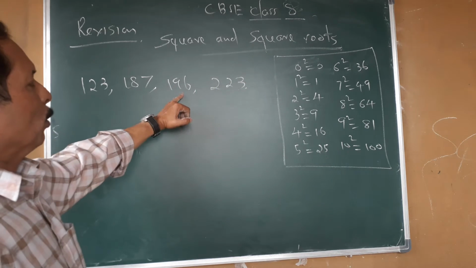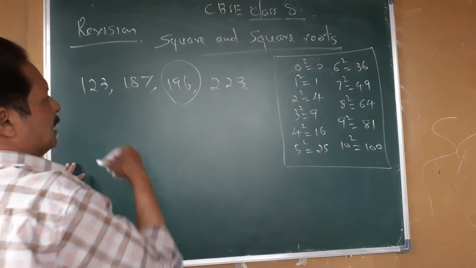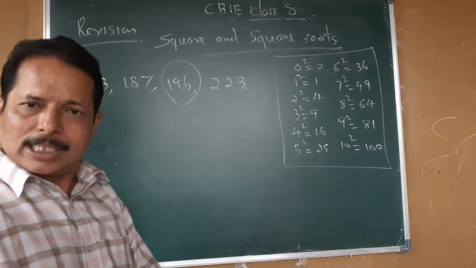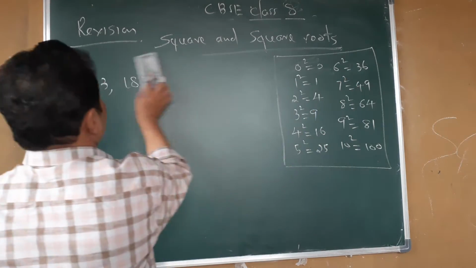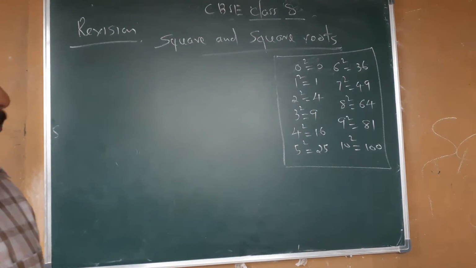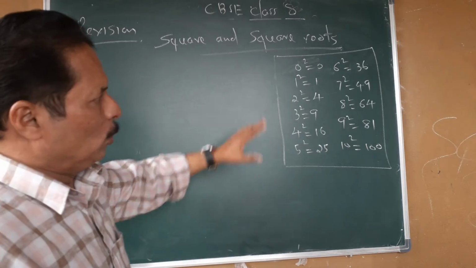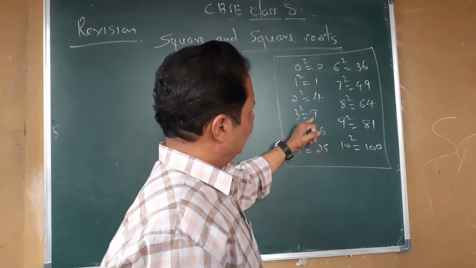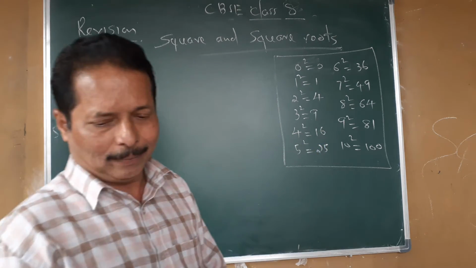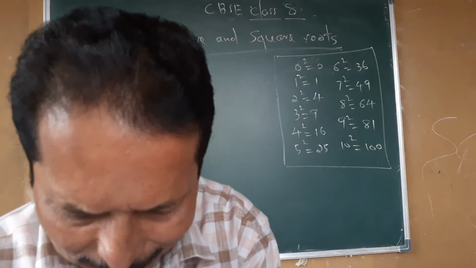Look at the table. Unit place 6 is possible. So your answer is 196. Unit place 3 is not possible. So only 196. Done. Now you look at the unit places 0, 1, 4, 9, 6 and 5. Okay. That is a short answer type.